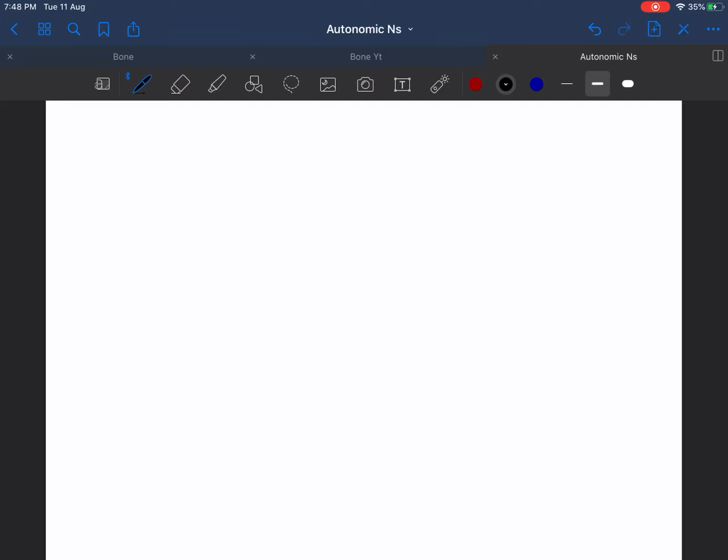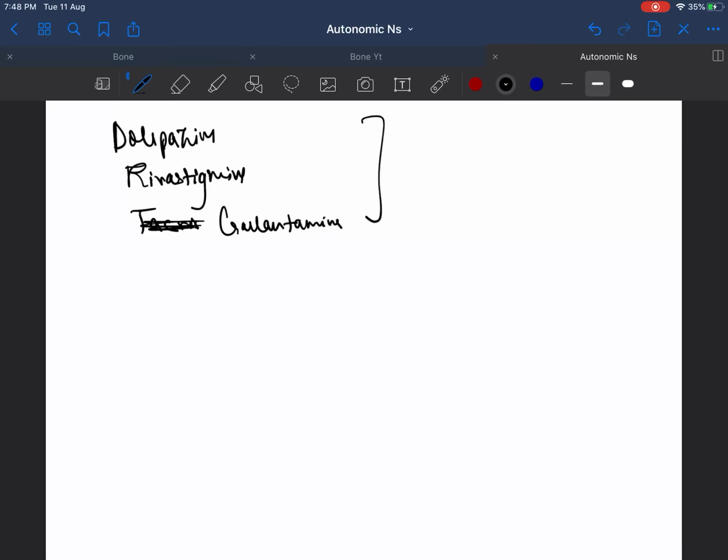Now the drugs that we use for senile dementia are donepezil, rivastigmine, and galantamine. These are actually longer acting drugs, and these are the drugs of choice for senile dementia or Alzheimer's dementia.